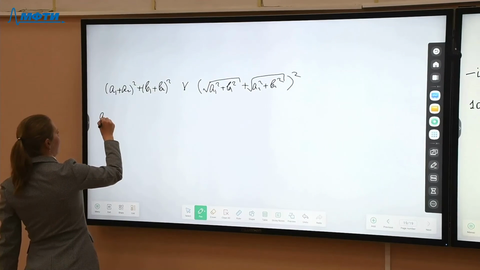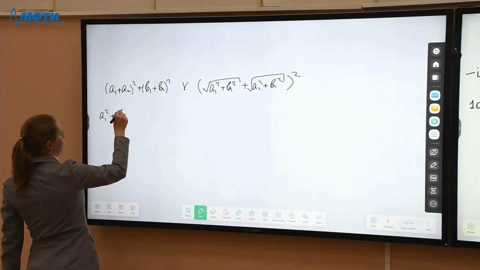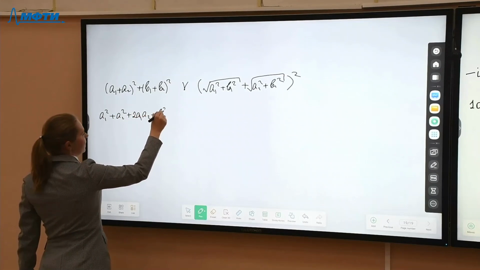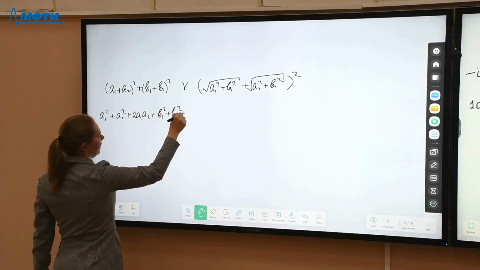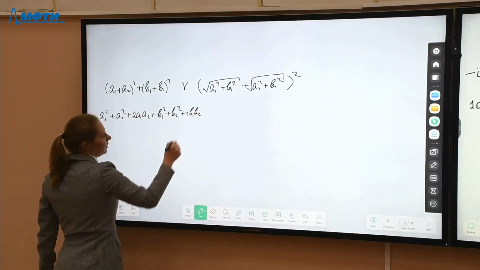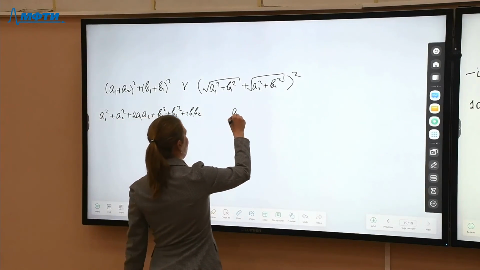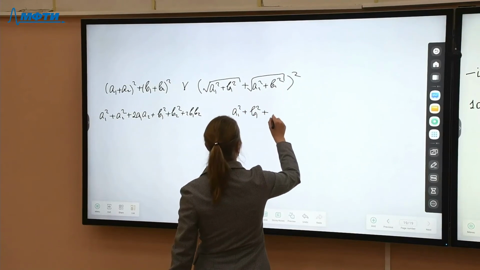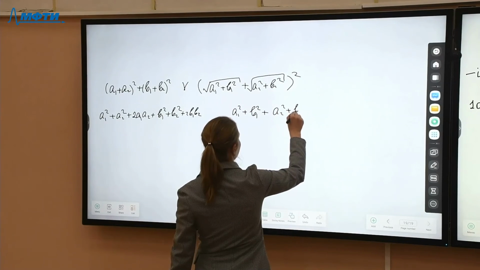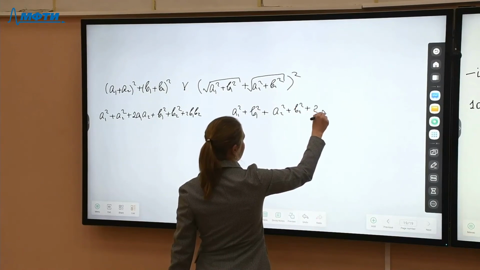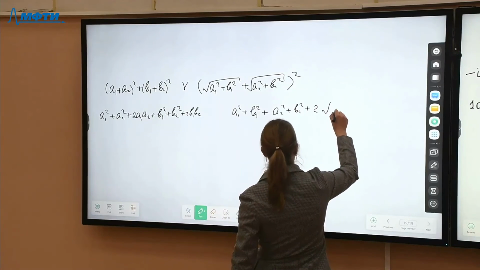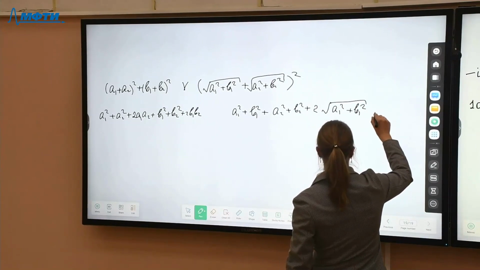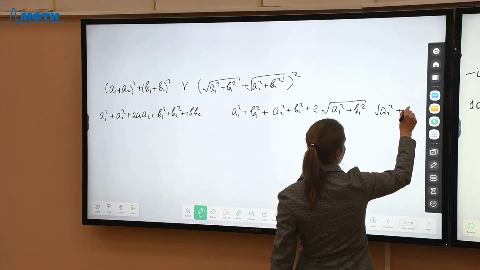We will have a1 squared plus a2 squared plus 2a1 a2 plus b1 squared plus b2 squared plus 2b1 b2 here. And here we have a1 squared plus b1 squared plus a2 squared plus b2 squared plus 2 times the square root of a1 squared plus b1 squared multiplied by a2 squared plus b2 squared.